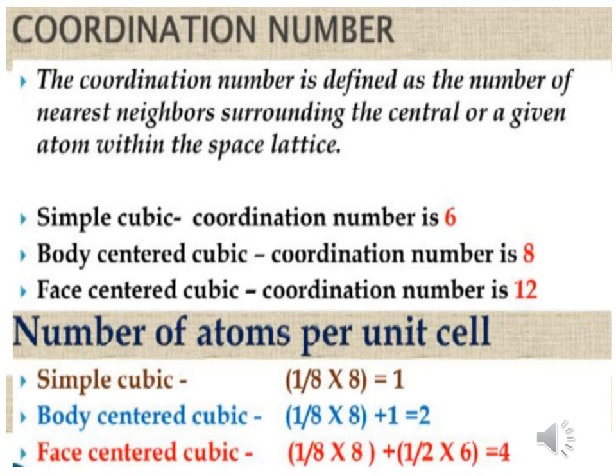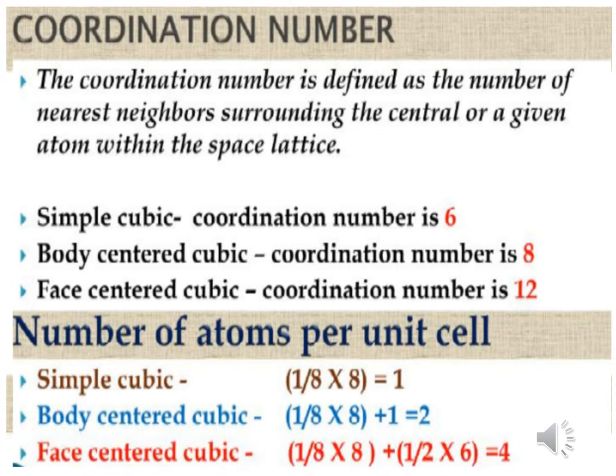Next, conclusion. Different characteristics of the unit cell for SCC, BCC and FCC crystal structures. Compare these: coordination number, number of atoms present per unit cell, atomic radius and atomic packing factor.